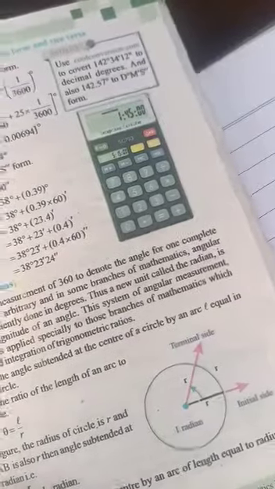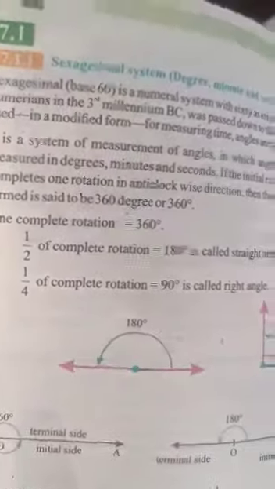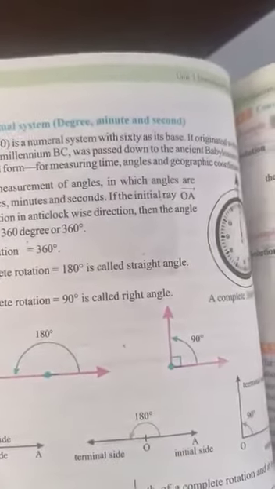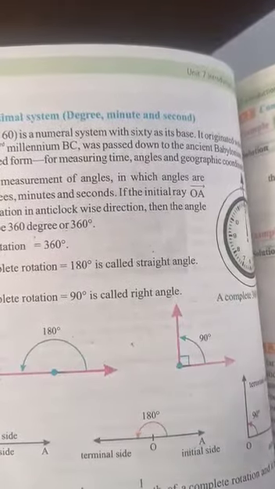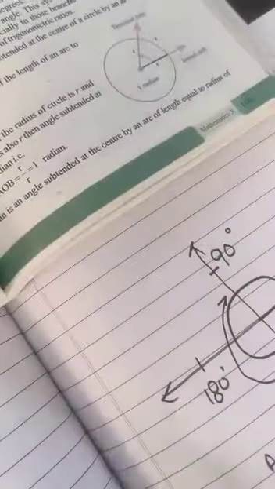Now in the book the first topic we have is degree, minutes and seconds. You can see that is page number 164. It is the degree, minutes and seconds system. So what is the degree, minutes, second system?